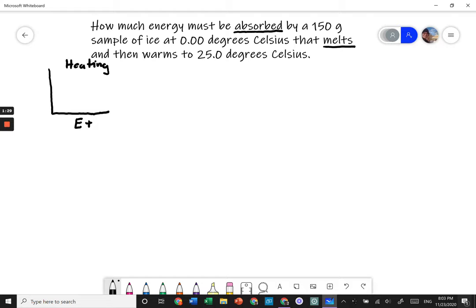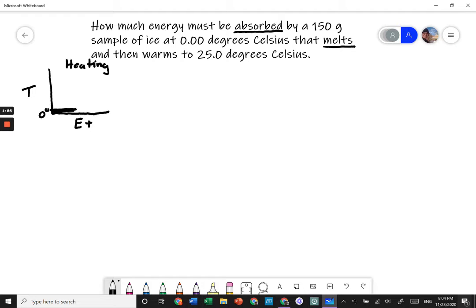And then it warms to 25 degrees Celsius. Okay, well, we know it's going to be a heating curve, with energy being added to the system on the x-axis and temperature on the y-axis. So what we're going to do now is actually draw the curve. I know we're starting off at 0 degrees Celsius, and then it's going to melt first. We know that melting occurs at 0 degrees Celsius, and it's a flat line.